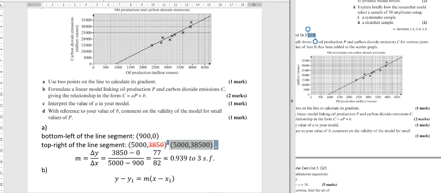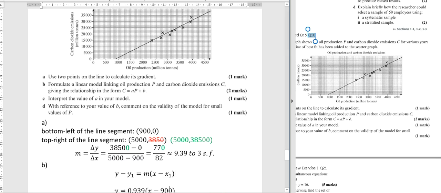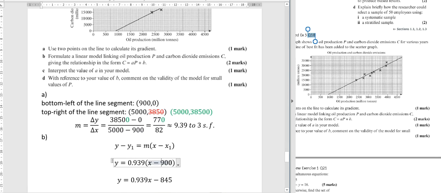So that means we've now got a correct answer here. And we're going to filter that through to see what happens when we incorporate that extra 0 all the way through here. And it's not too difficult to do. That extra 0 is going to increase my gradient by a factor of 10. And that means that this number to 3 significant figures is 9.39. And when I come down to this line, 9.39.